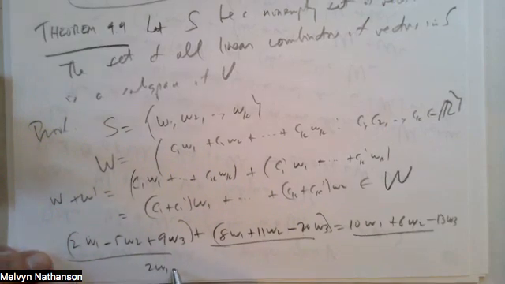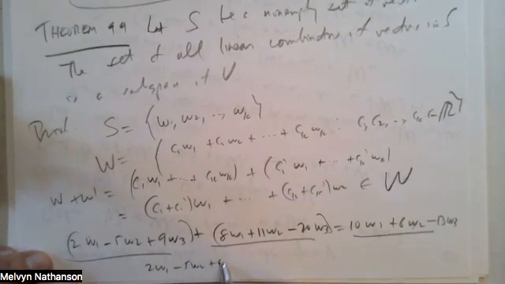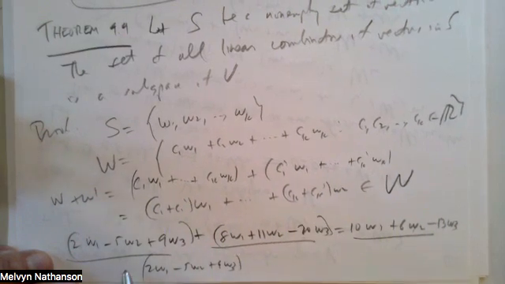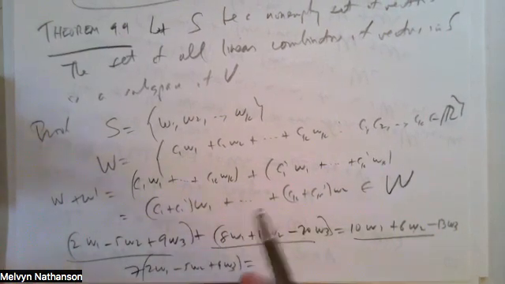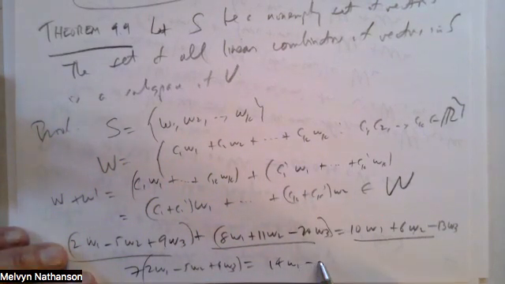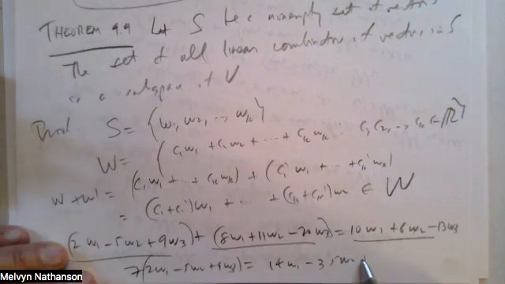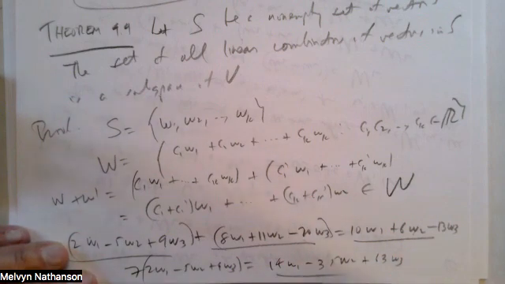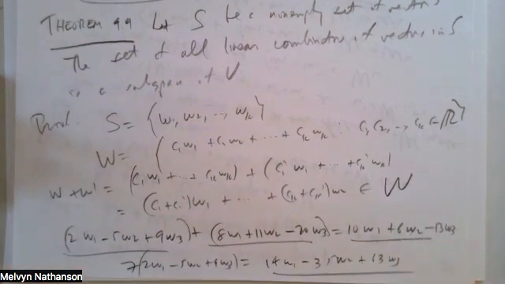And if I took the 2w1 minus 5w2 plus 9w3, and multiply it by a scalar like 7, when you just distribute across, this is 7 times 2, 7 times minus 5, 7 times 9. Again, we have another linear combination. So the set of all linear combinations is closed under addition and scalar multiplication.